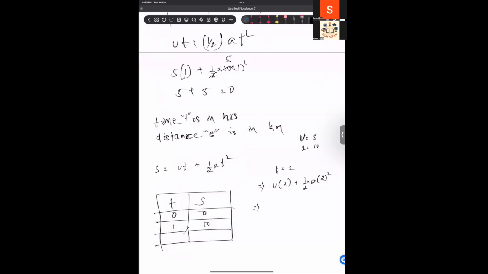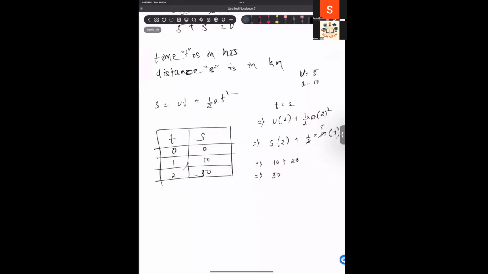Now if I substitute the value of u, which is 5, times 2 plus half into a, which is 10, into 4. So that will become 10 plus, if I cancel this, 4 fives are 20, and I get 30 here. So when t equal to 2, for 2 hours, it travels 30 kilometers, right?